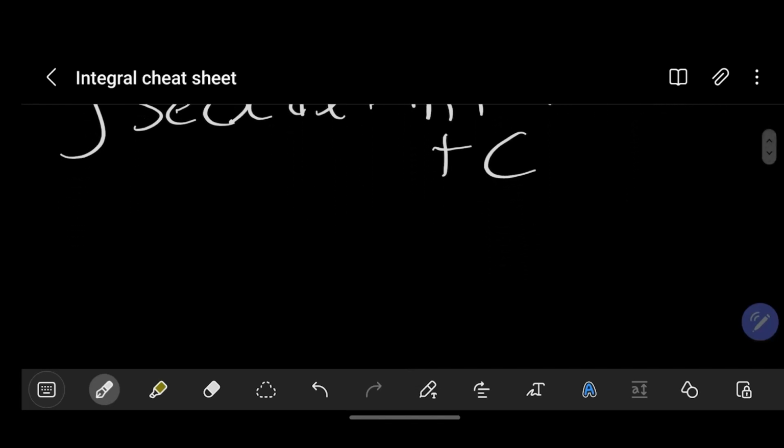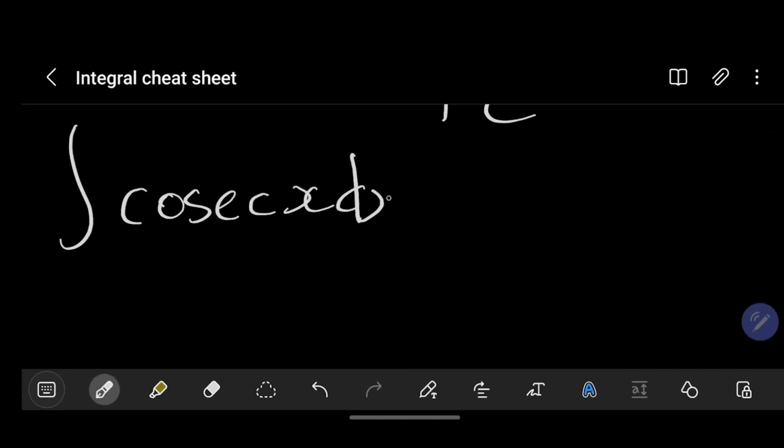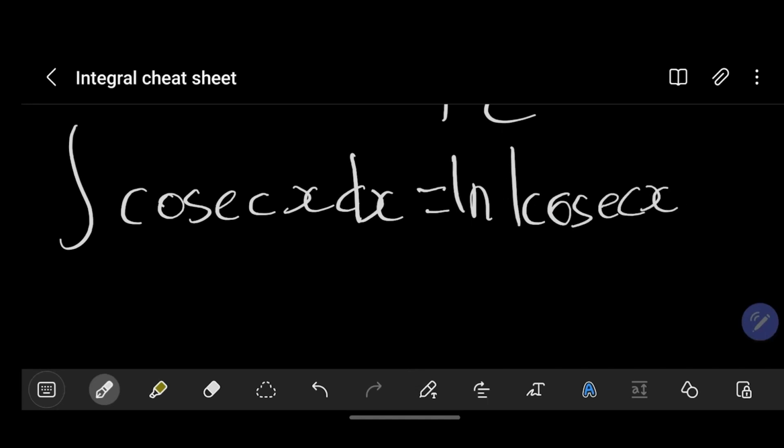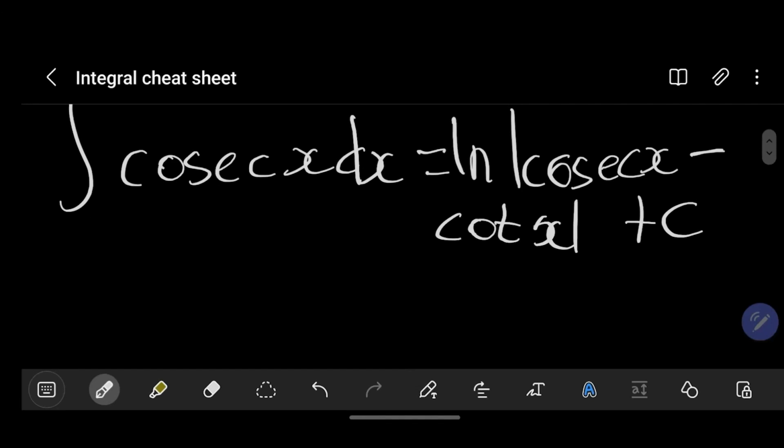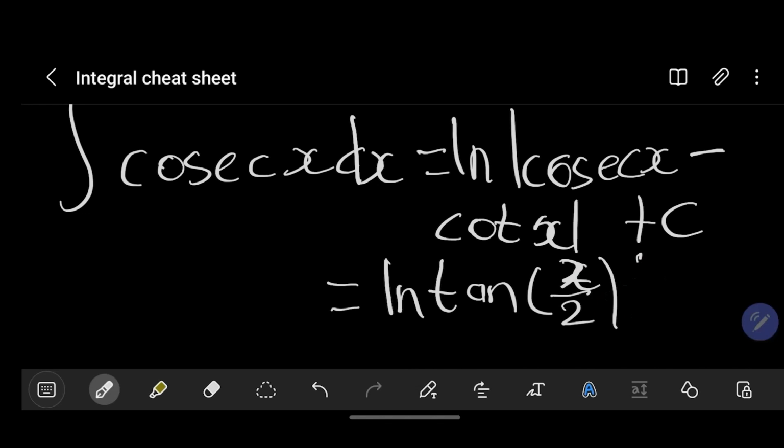Okay, so let's go with the integral of cosec. The integral of cosec of x dx is equal to ln cosec of x minus cot of x plus c, and this can simply be written as ln tan of x by 2 absolute value plus c.